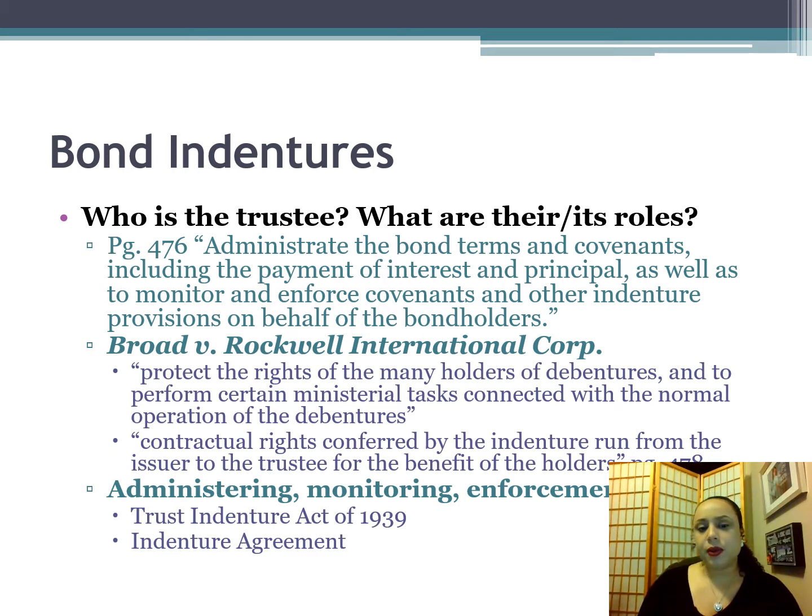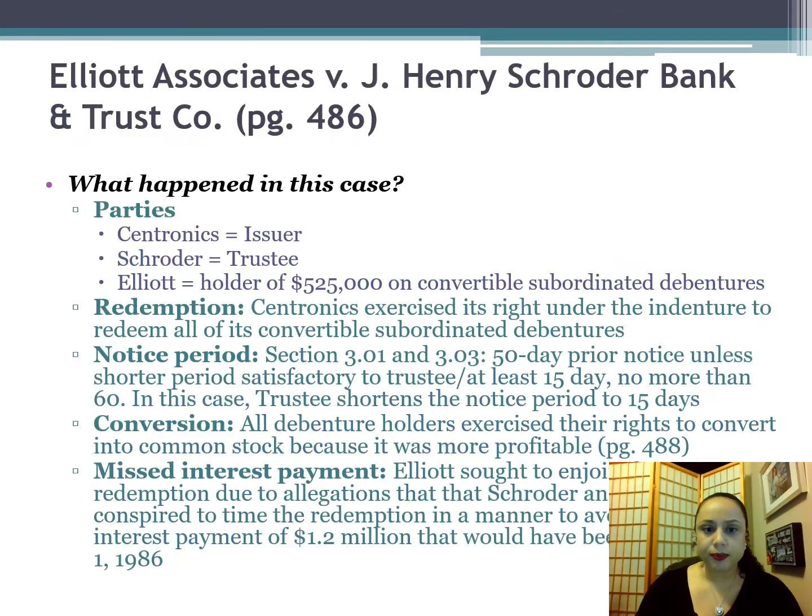And so their duties, and I think this is already mentioned in a previous slide, are set forth under the Trust Indenture Act, and the issuer and the trustee are provided with a certain amount of latitude to contract around the broad requirements that are set forth in this act.